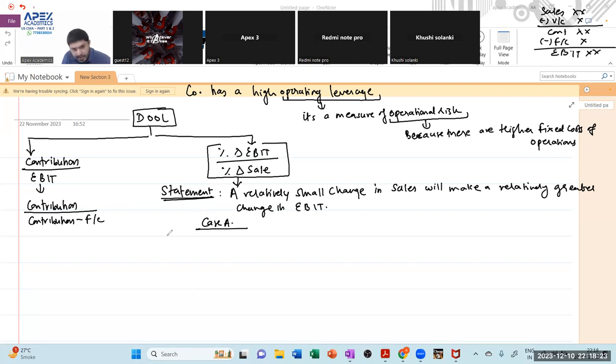In case A, I have sales of 12 lakhs. I have variable cost of 30%. So 12 threes are 36. What I have got over here? Contribution. How much is that? 8 lakhs and 40,000.